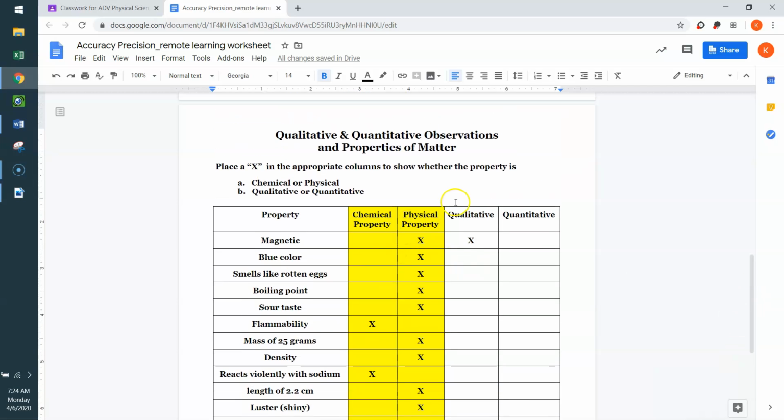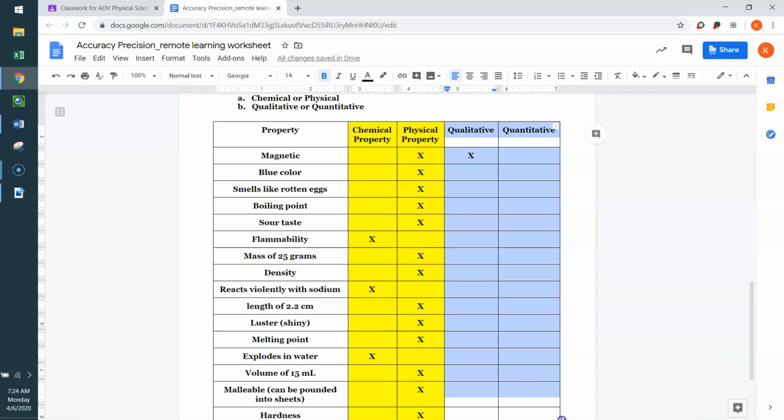And now, let's look at qualitative and quantitative observations. Do these properties represent a quality, a description, or do they represent a numerical measurement? Okay, so qualitative is quality, quantitative is quantity, or how much.